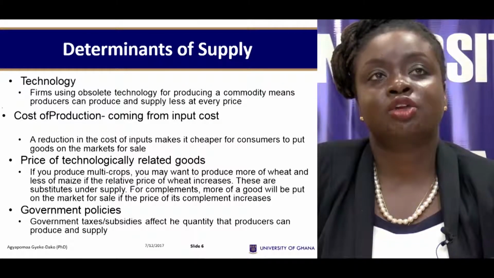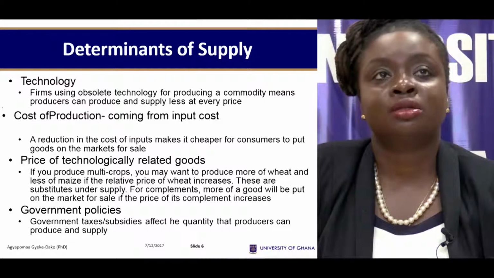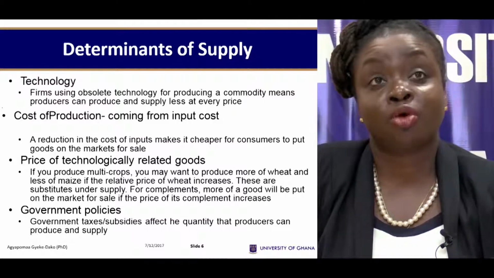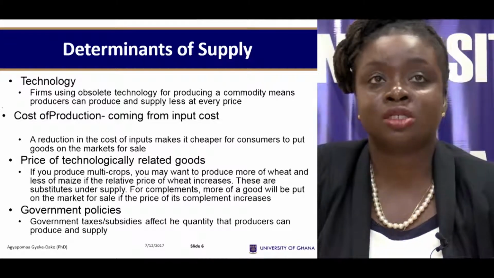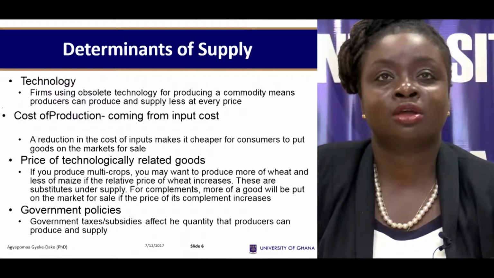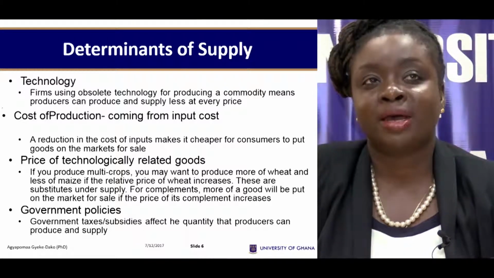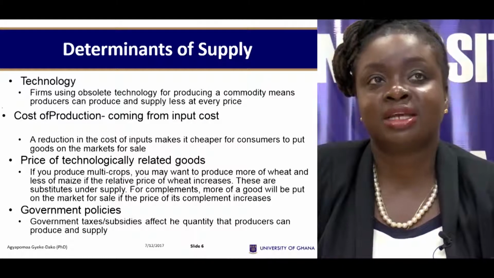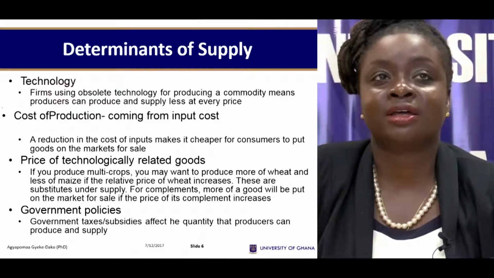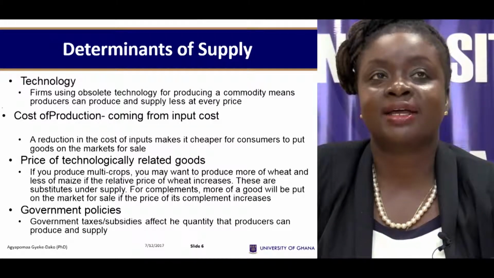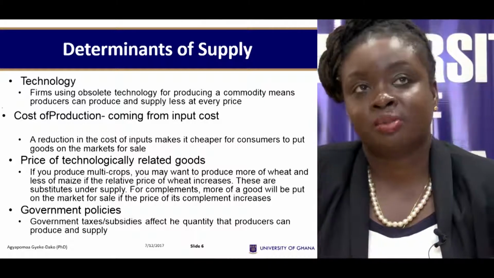If generally technology was good, then you'd be able to put more on the market for sale. If technology that you are using was obsolete, then you'll be able to put less on the market for sale, holding every other thing constant. Remember, what we said in demand, that if we take any factor, we are holding every other factor constant and looking at just that factor and its relationship with supply.